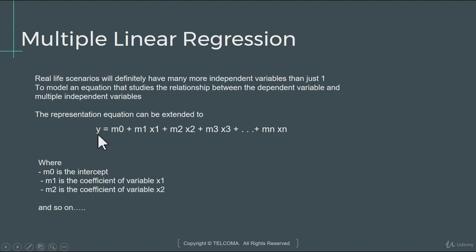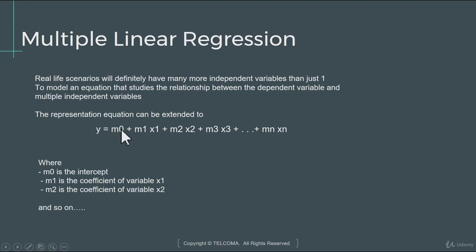So we can say y is equal to m0 plus m1x1 plus m2x2 plus m3x3 and so on up to mnxn, where at any point we can say m2 would be the coefficient of x2. So just like simple linear regression, where we would say y is equal to mx plus c, mx would be the same as m1x1 and c is m0.